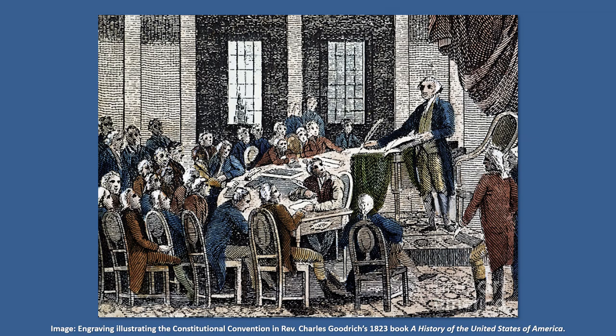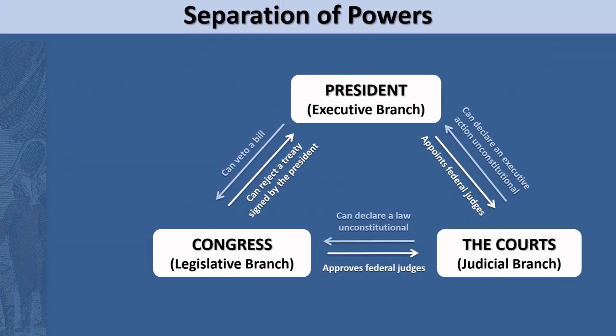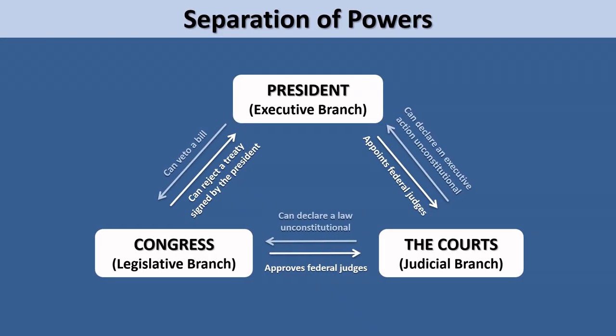When the Founding Fathers wrote the Constitution in 1787, they were concerned about the possibility of one part of government becoming more powerful than the rest. To stop a single person or group of people in government from getting all the power and taking away Americans' right to self-government, the writers of the Constitution set up a system of separation of powers, giving each branch of government a different set of abilities.